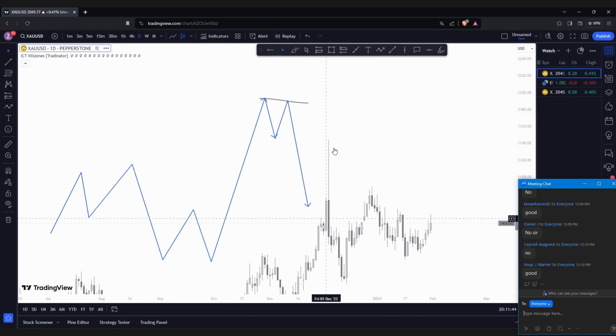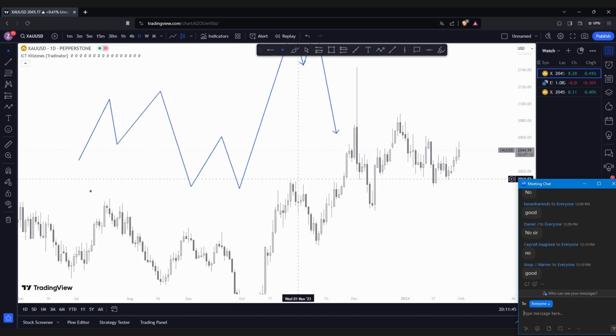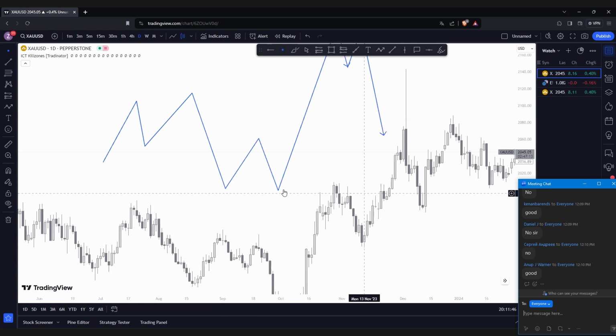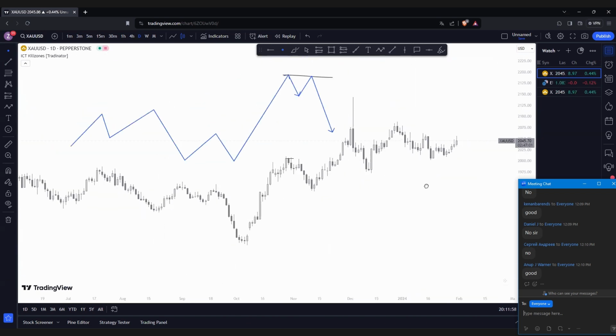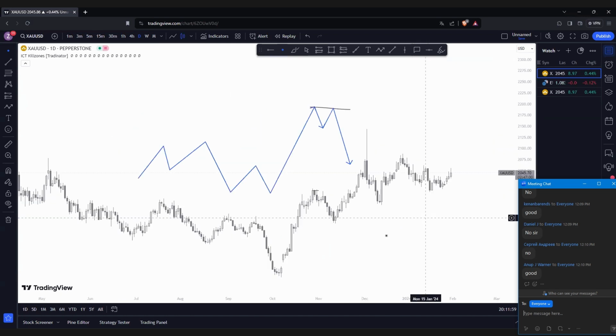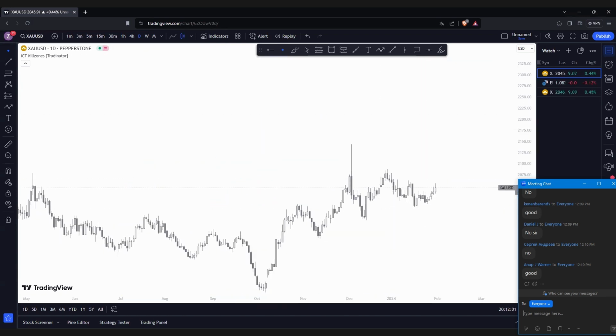That's what happened in this scenario. It didn't find a level on the left, but it basically created one here. As you can see, this A level got created in this area. We reacted to it and then we started our bearish move. So that's the second common mistake that I've seen in the second homework. Besides that, everything is clear.